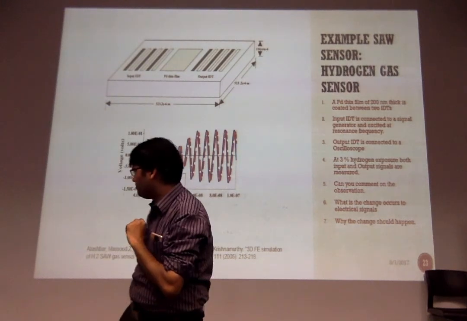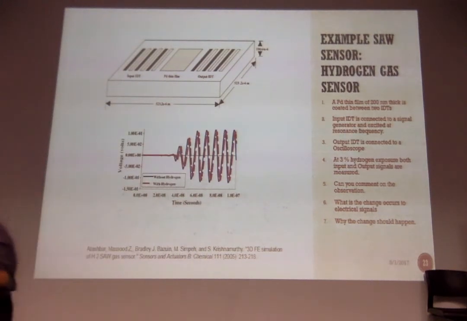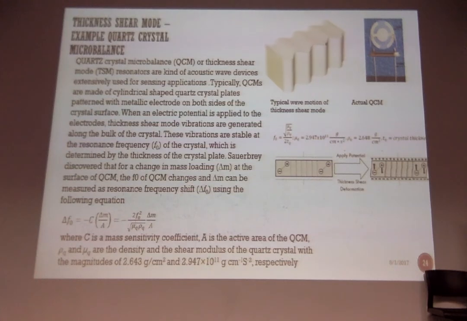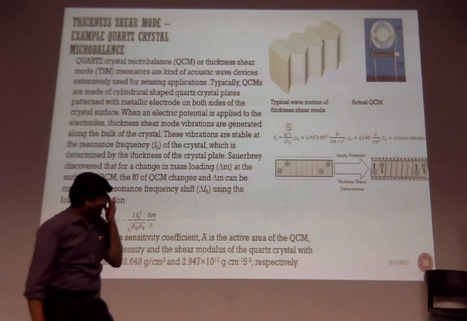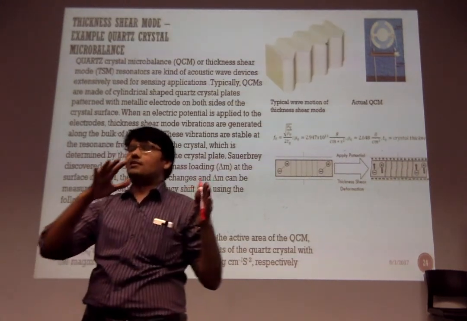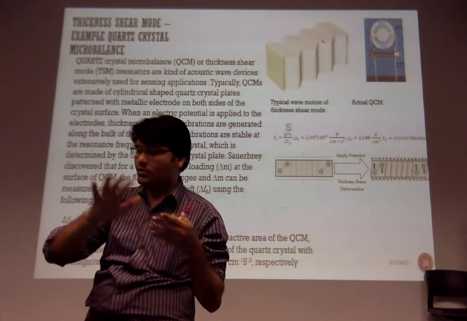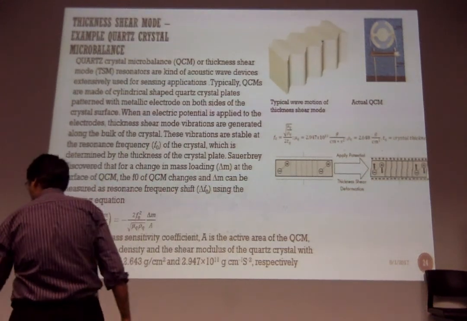So in a nutshell, one more thing. I don't know whether you will kill me if I talk about this. One last thing I will talk about and then I will stop. What I was describing is an example of surface waves. People also use bulk waves.